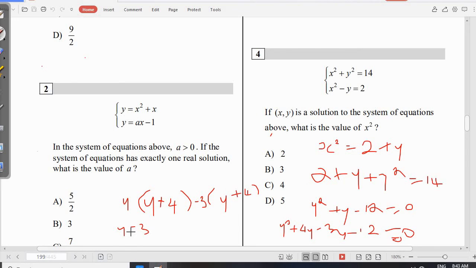That's y equal to 3, and y equal to minus 4.